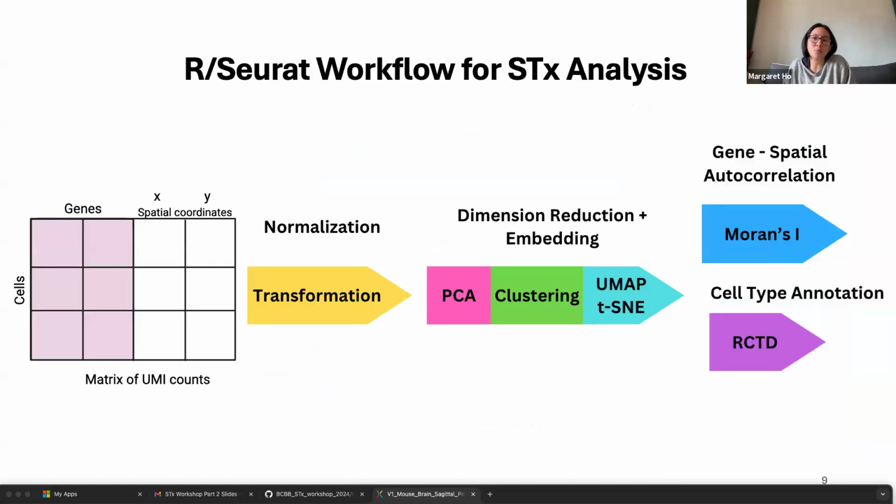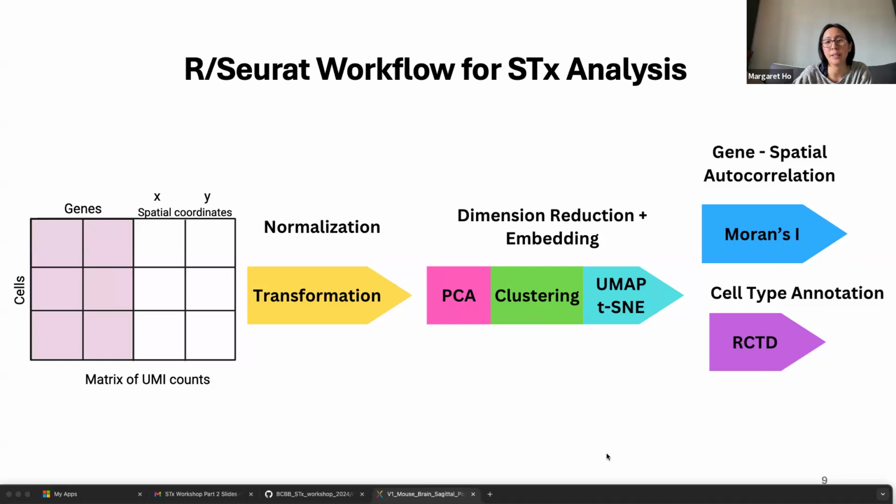So this is today's workflow. We're going to be providing this filtered feature barcode matrix, which essentially is a spots versus genes count matrix. And then it also has, because this is spatial data, the spots versus X, Y coordinates of the cells. And then we're going to perform several different pre-processing steps. We're going to normalize the count data in Seurat.